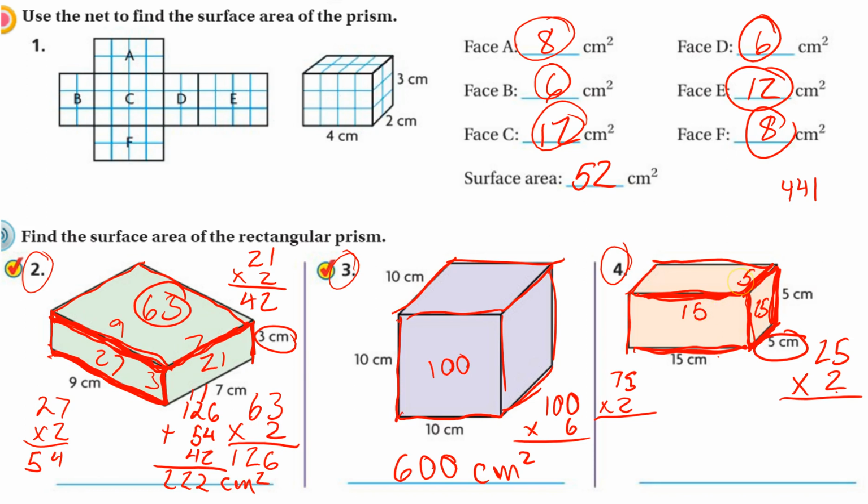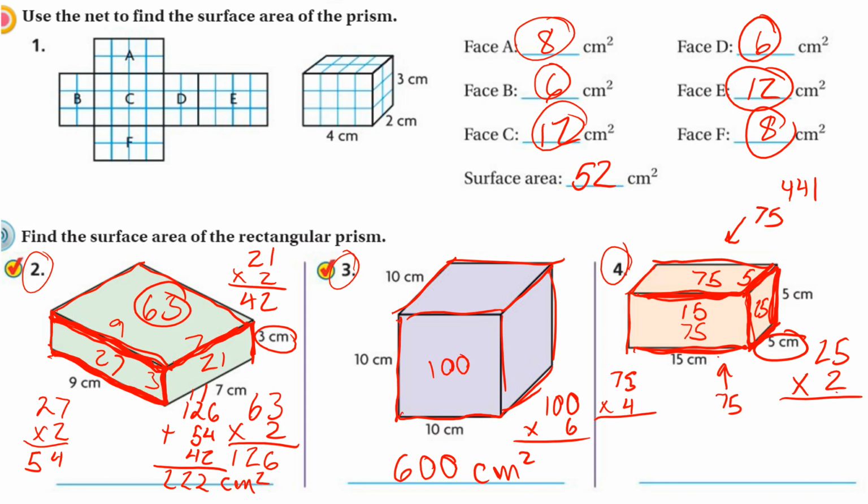So again, we have another 15 times 5. Well, we've already done that math. It's 75. And since it's another 75 by 2, I can just change this to 75 times 4. Because I need a total of 4 75s, right? I need a 75 for this one, a 75 for this one, a 75 for the right side, and a 75 for the bottom.